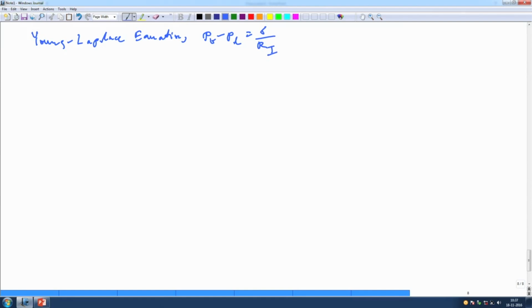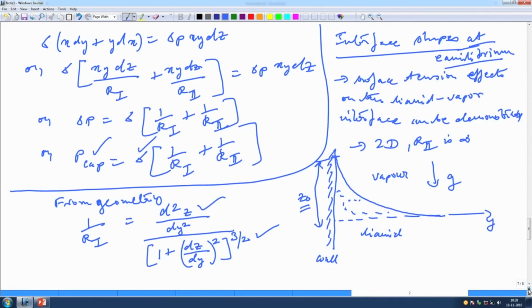Now, the interesting part is, as y goes to infinity and z goes to 0, what will we have? You will have PV at (infinity, 0) must be equal to PL at (infinity, 0). Why is that? Let us look at it. What is y equal to infinity and z equal to 0? Must be here.